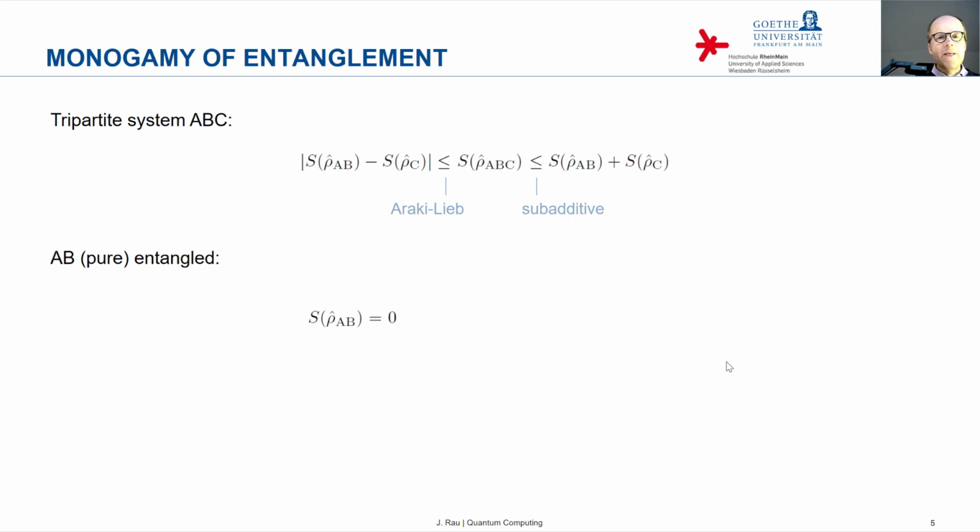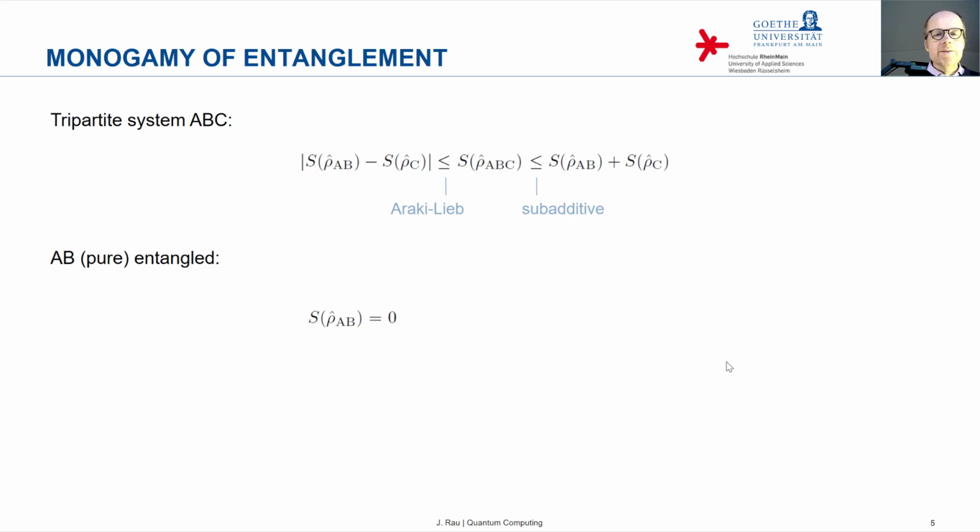Rho AB is a pure state, so the associated entropy vanishes. Then insert this into these two inequalities at the top. Then you have on the left hand side only the entropy of C left. And on the right hand side you also have just the entropy of C left.